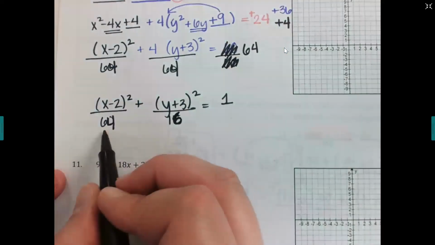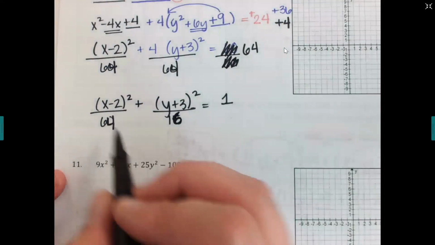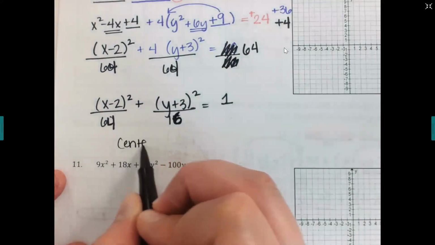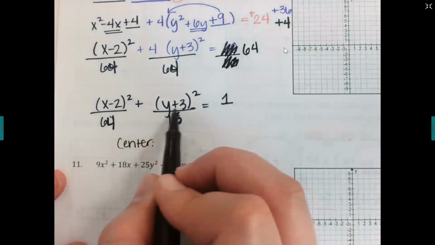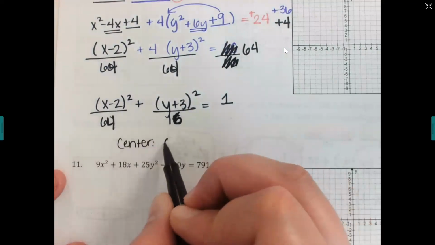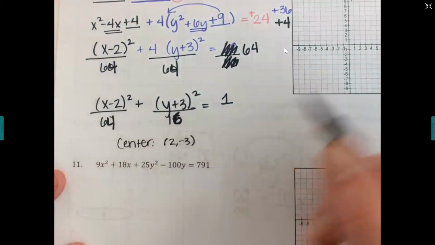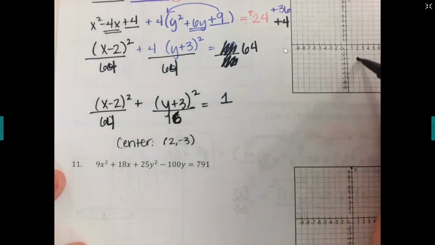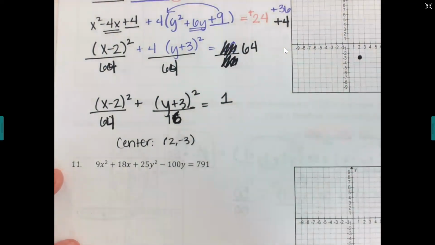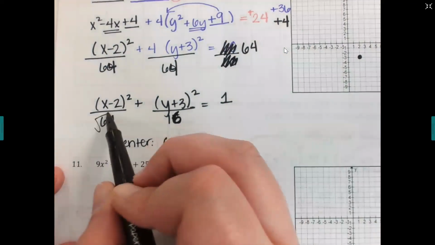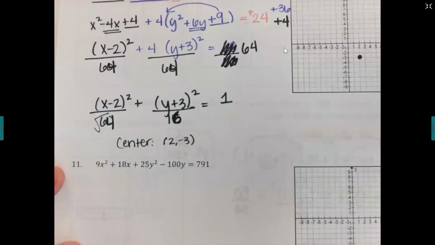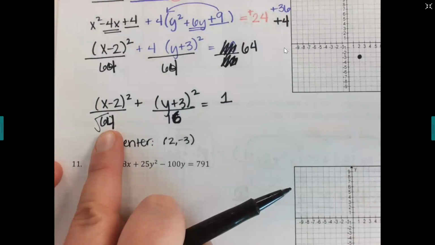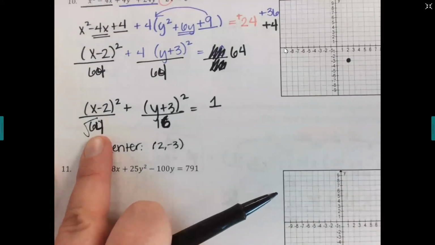And then from there, I would go to my center. What's my center going to be? 2, negative 3. So that would be here. And then square root your bottom numbers. What's the square root of 64 here? 8.